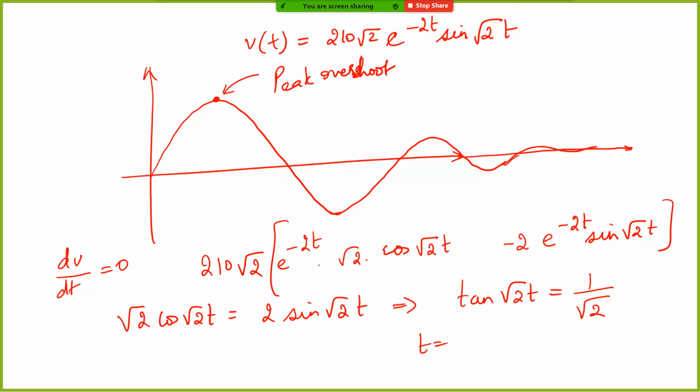Root 2t is tan inverse of 1 by root 2. Make sure that you are doing it in radians, so set your calculator mode to radians. Otherwise you will be getting a wrong answer. So it is important to know. So tan inverse of 1 by root 2.